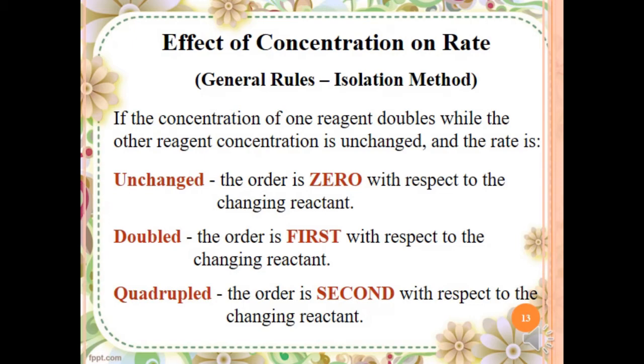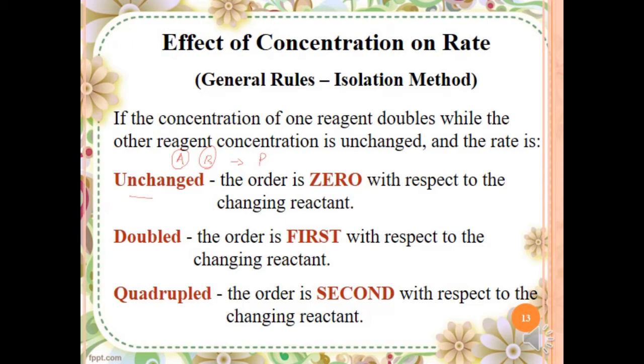So the experiment conducted is categorized as the isolation method. The concentration of one reagent is doubled while the other one remains constant. Let's say you have reactants A and B to give you a product. One is held constant, another one is doubled. Look at the rate.